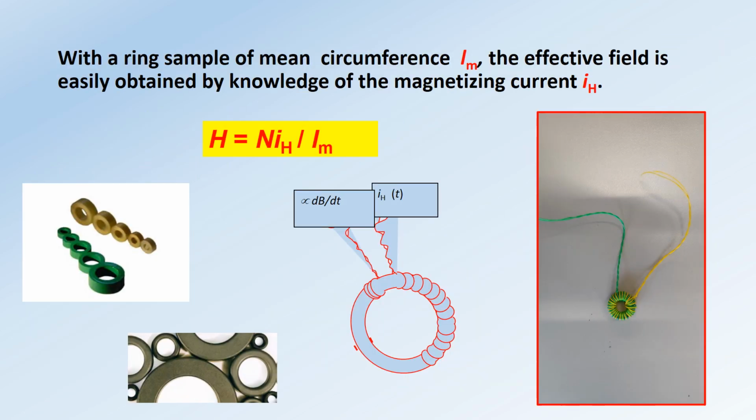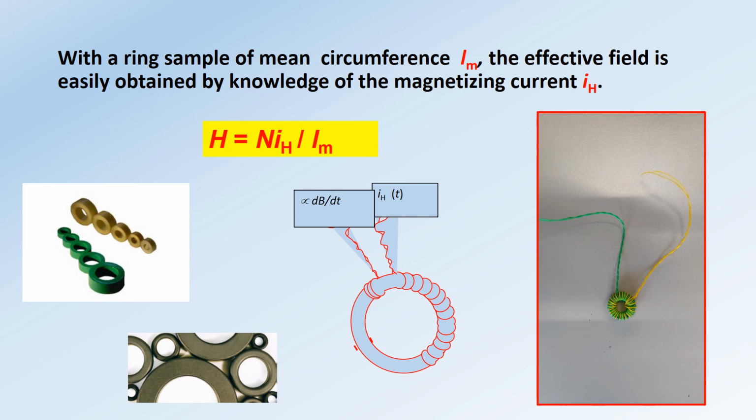With the ring sample of mean circumference Lm, the effective field is easily obtained by knowledge of the magnetizing current IH. The effective field H is equal to the number of turns N multiplied by IH and divided by the mean circumference Lm.